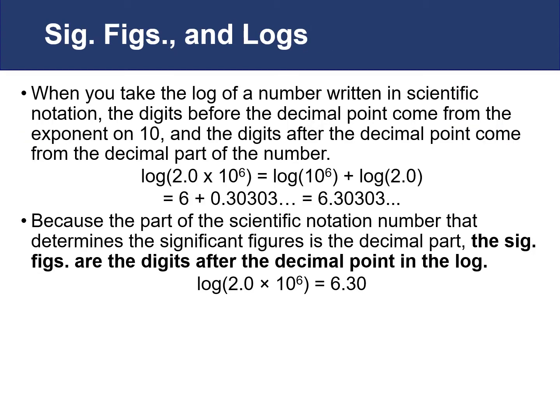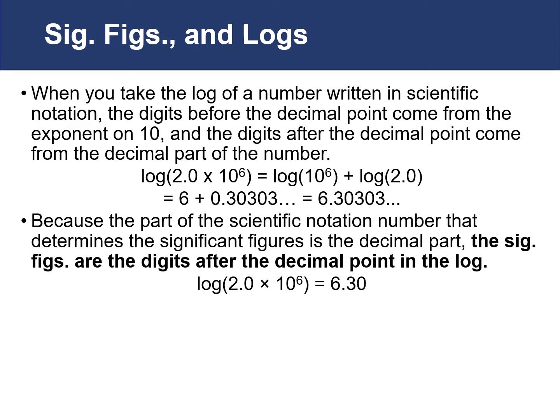Because we're talking about logs and measurements, one of the things that we would be interested in doing is being able to determine the number of significant figures in a value, and being able to take a pH reading and get an accurate concentration to the correct number of significant figures.